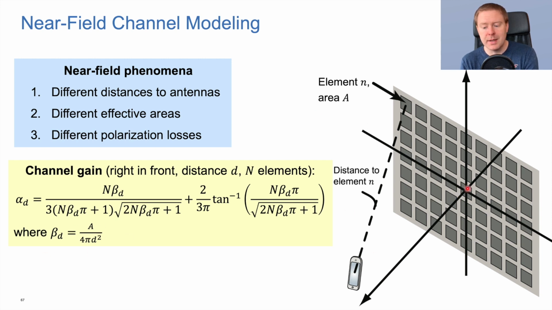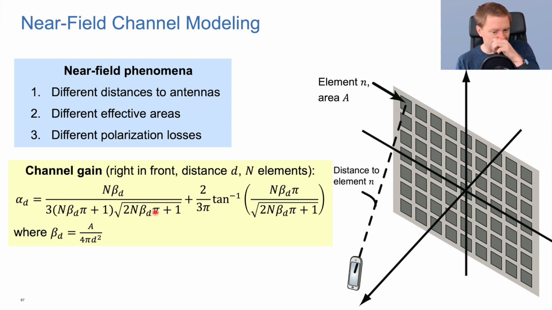So that's what you would expect that the element in the middle will capture. But if you would like to compute the sum of all of those fractions for the entire surface, we cannot take this element and multiply with the number of elements when we are in the near field. We get this much more complicated formula instead.